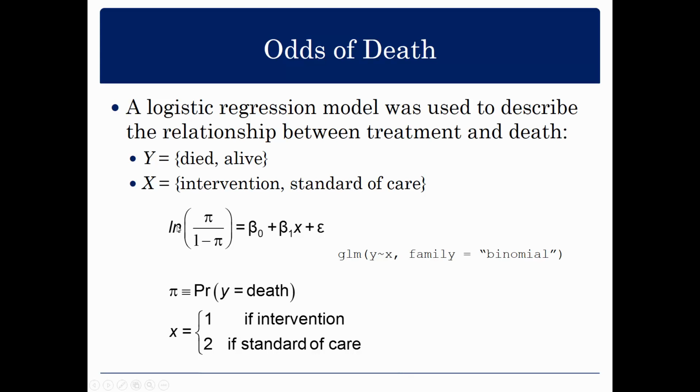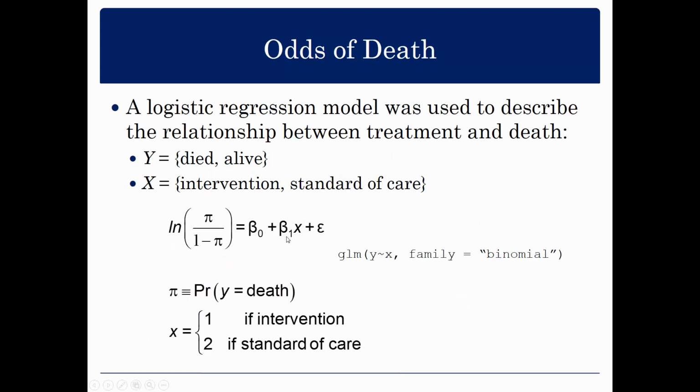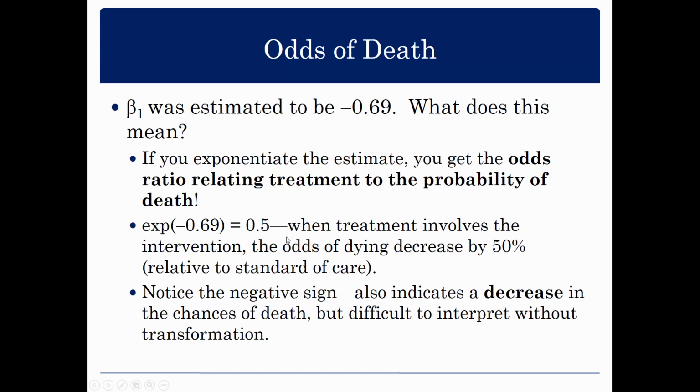I'm doing it using, don't worry about the log transform, the log odds of death as a function of treatment. So let's suppose I fit this model to the data, and I get that slope parameter, beta 1. I get it out of my statistical software, and it says beta 1 is minus 0.69. And you want to write this up for a manuscript or an abstract, but you have no idea what negative 0.69 is. Well, it turns out because of the form of the model, all you have to do is exponentiate that.